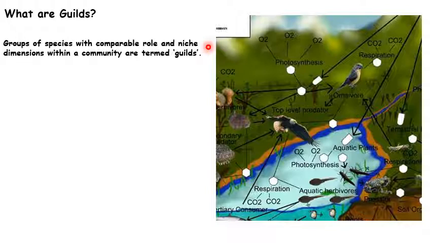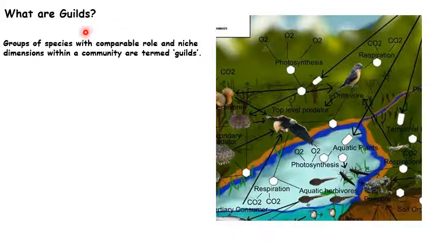Say two different owl species are living in the same habitat. To avoid sharing the same niche, one owl will be nocturnal, which means it will go and catch mice and eat during night time. And another owl will be very active during daytime, and it will go and catch mice and eat.